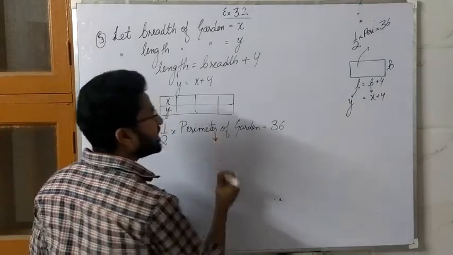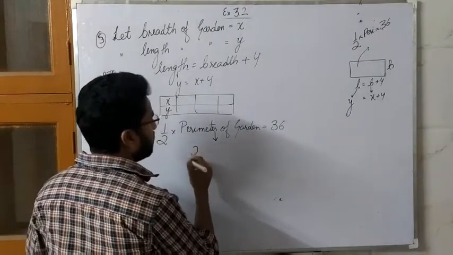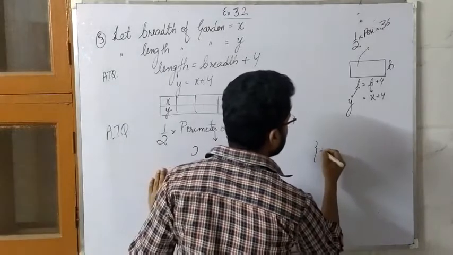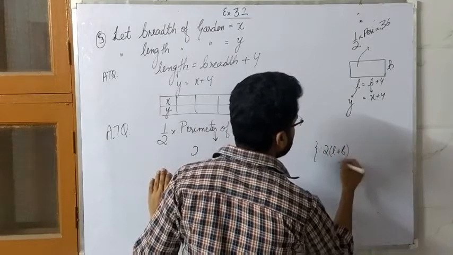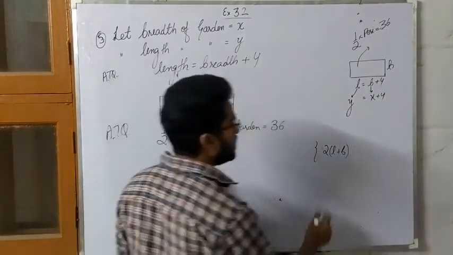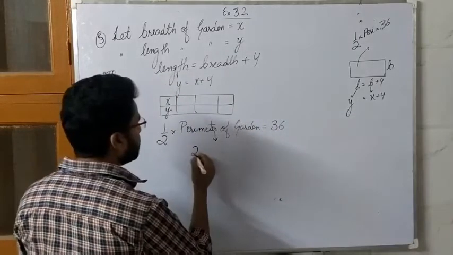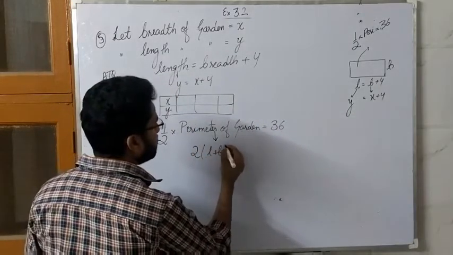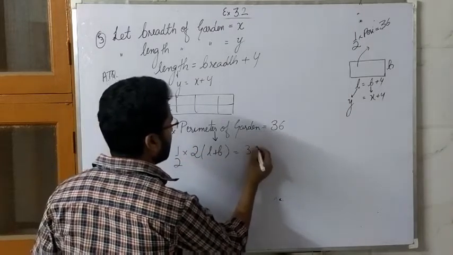Now you very well know what is the perimeter of a rectangle. The formula is 2 into l plus b. 2 times l plus b is the formula for perimeter of rectangle, right?